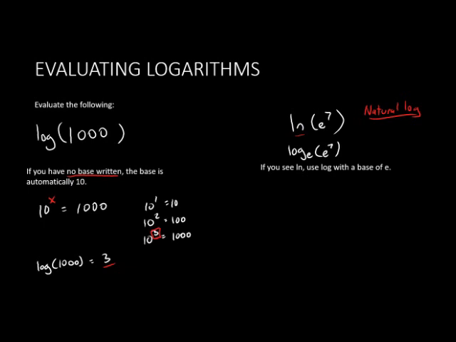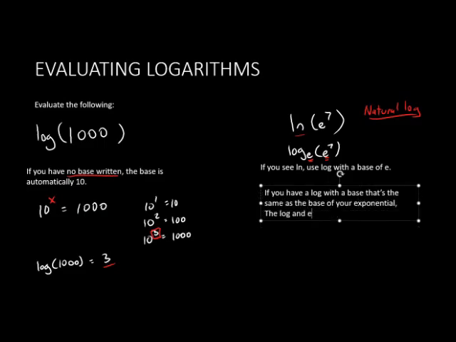Now notice that we are taking a log with a base of e, and we also have an exponential with a base of e. This brings us to our first logarithm rule. If you're taking a log and its base is the same as the base of your exponent, those are inverse functions. Most importantly, because they're inverse functions, they can cancel one another out.